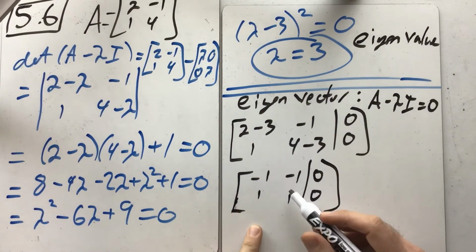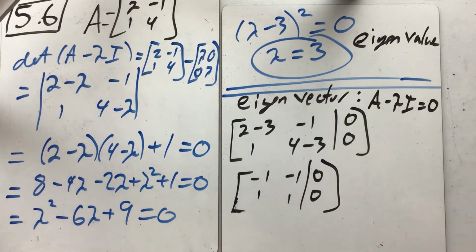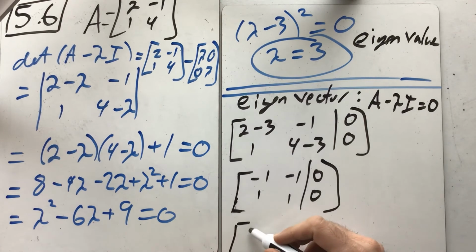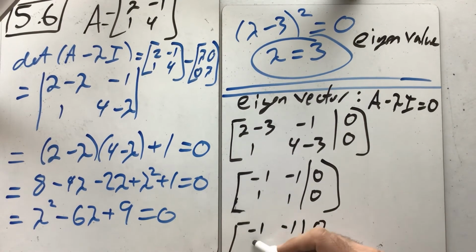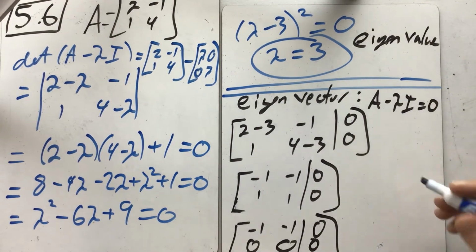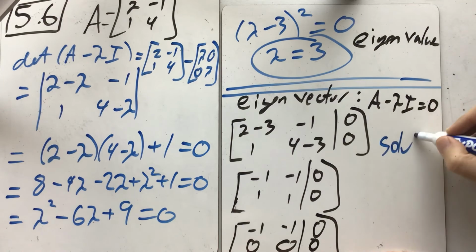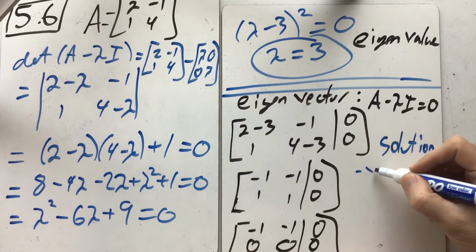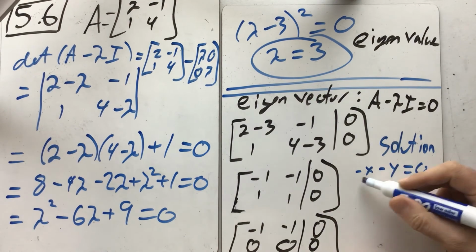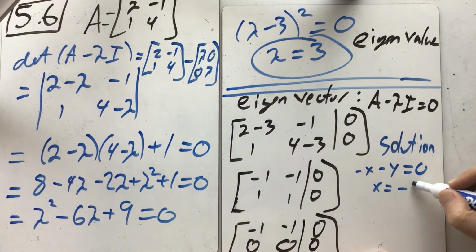And what you see is when you row reduce, the second row cancels. And in fact, every single time, the second row is going to cancel. So we have -1, -1, 0, 0, 0, and 0. And so this allows us to find our solution. Our solution is simply -x minus y equals 0. So x equals -y.